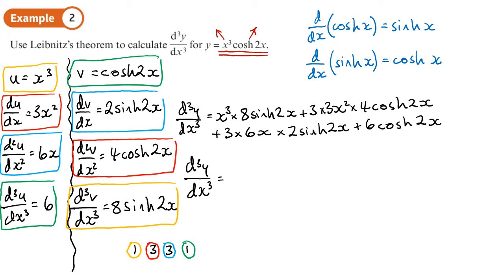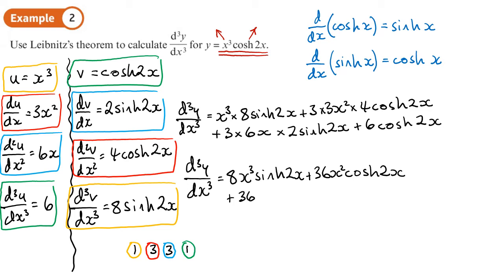We'll have a look. So we'll have 8x cubed sinh 2x plus, so we've got 3 times 3, 9 times by 4, which is 36. So 36x squared cosh 2x plus 3 times 6, 18 times by 2. So that's also going to be 36.